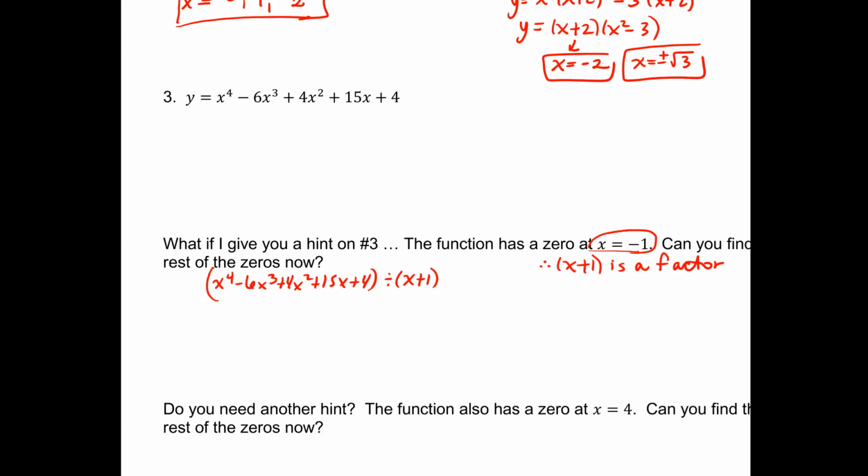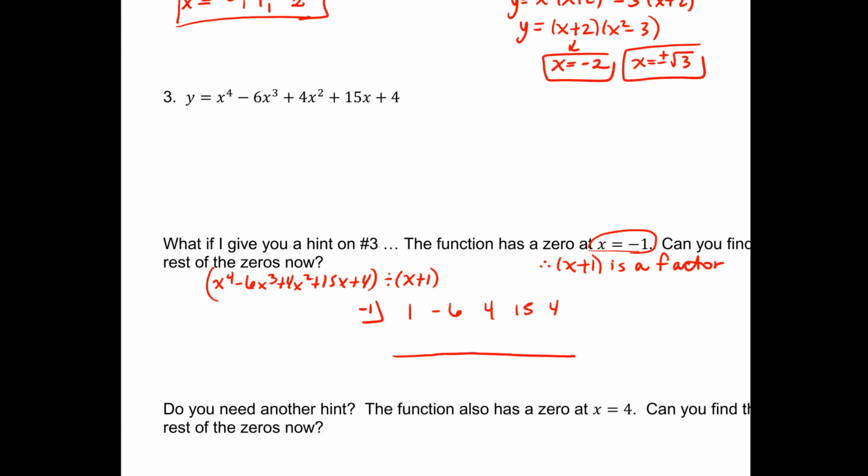Synthetic division. So let's do that. We just practiced it a lot in our homework. So what number would I put in the box? A -1. And I would have 1, -6, 4, 15, and 4 to line up.